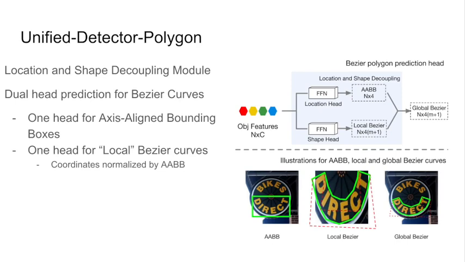Unlike previous work that directly predicts Bezier curve control points, we added a new location and shape decoupling module. It has two prediction heads. One head predicts the axis-aligned bounding box for the text line, and the other head predicts the normalized coordinates of the Bezier curve control points.